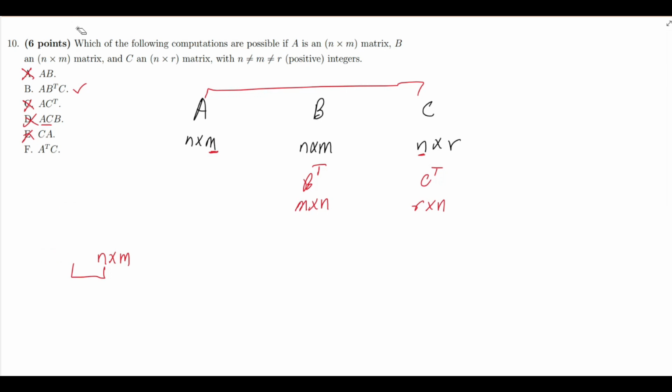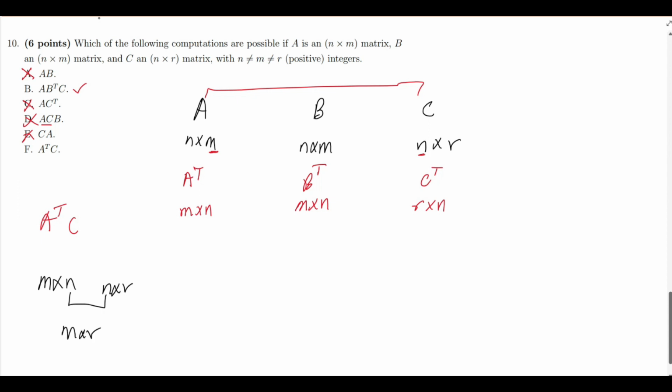And the last option is A transpose C. Here, A transpose is m by n. So looking at this, what do we notice? A transpose is an m by n matrix and C is an n by r matrix. Again, they're compatible and the result is an m by r matrix. So this option is possible.